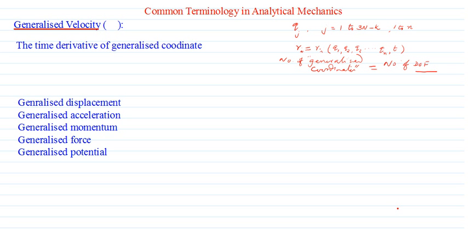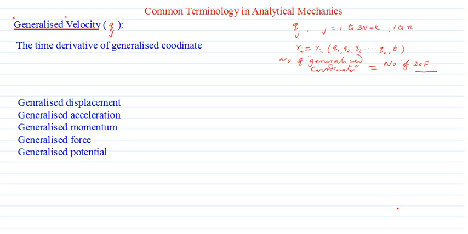Okay, now having defined generalized coordinates, we are now able to define some other quantities like generalized velocity. Always be careful about this particular term, generalized. The reason the term generalized is used is that these are terms which need not have the dimensions of the original coordinate or original velocity.